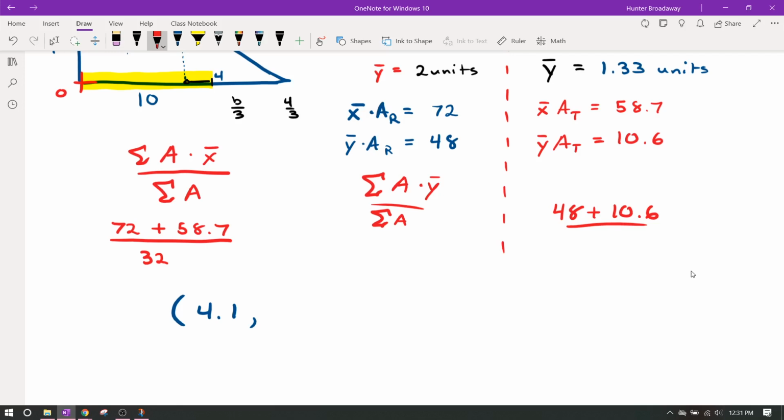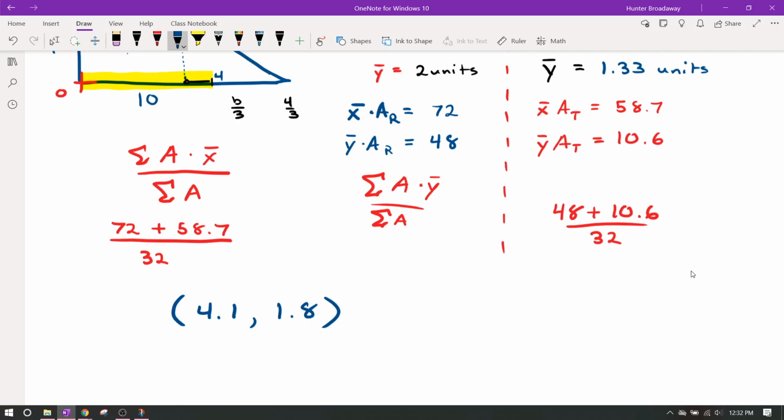The sum of the areas again is just 32. That number didn't change. So we're going to add those two together, 48 plus 10.6, and then divide by 32, and that comes out to 1.8. So I'm going to write 1.8 down here for the other part of my ordered pair, so that becomes 1.8 for the y direction.